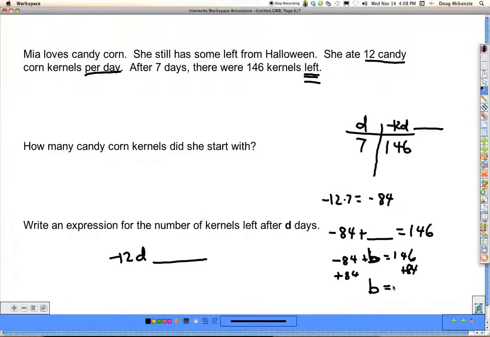B is equal to 10, carry the 1, 5, 3, 230. It's a positive number plus 230. How many candy corn kernels did she start with? That's the amount. And then we're taking this away from it as the number of days increases. So how many did she start with? She started with 230. Hopefully that's helpful.